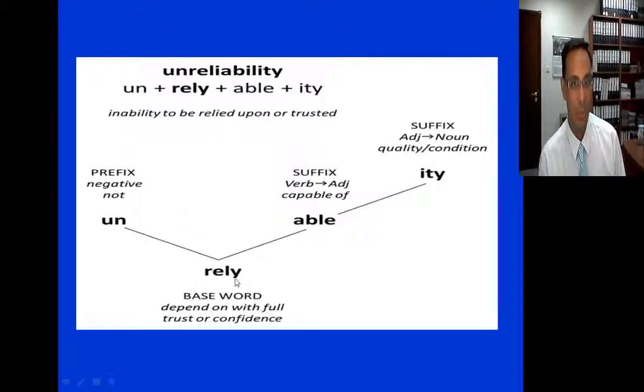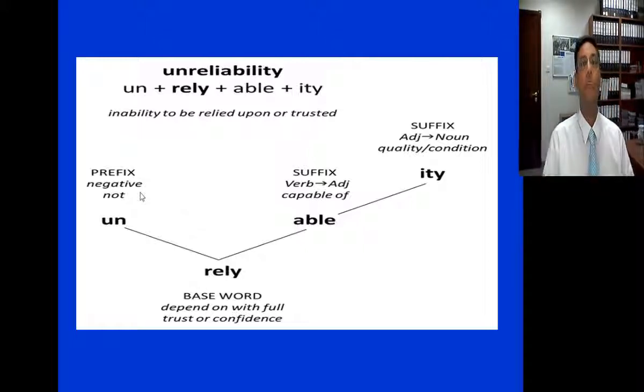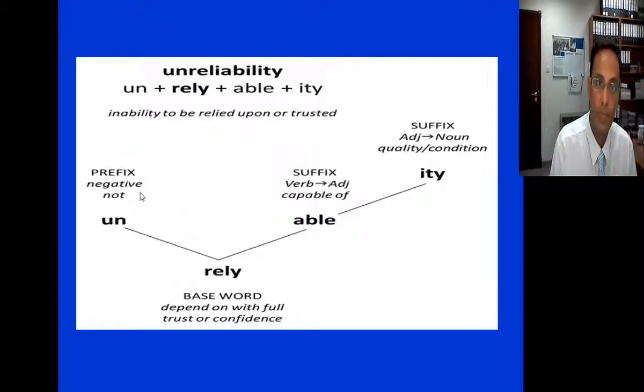First, this is a word, reliability. Then we add un, which is a prefix giving the negative meaning not. So unreliability has 1 prefix and 2 suffixes. It means inability to be relied upon or trusted.